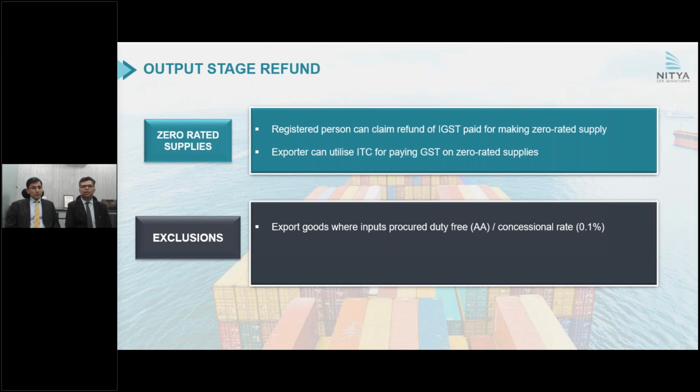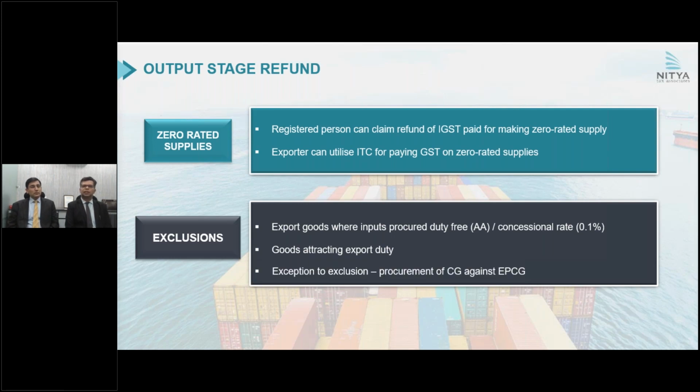The government wants that one should not take dual benefit of not paying GST at input stage and also claiming refund at output stage. So if an exporter has already claimed benefit at input stage, the law prohibits him from claiming refund at output stage again. Similarly, if there are some goods which attract export duty, the government bars such goods, being considered a negative list, from being allowed refund.